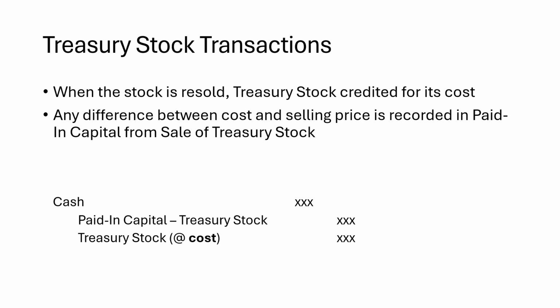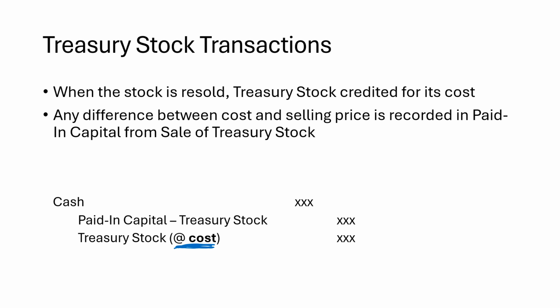Then when the treasury stock is potentially resold in the future, because that can happen, you would record it with a debit to cash, the amount of cash received for the shares sold. And then you would decrease the amount in the treasury stock account, and you would continue to do that at cost.